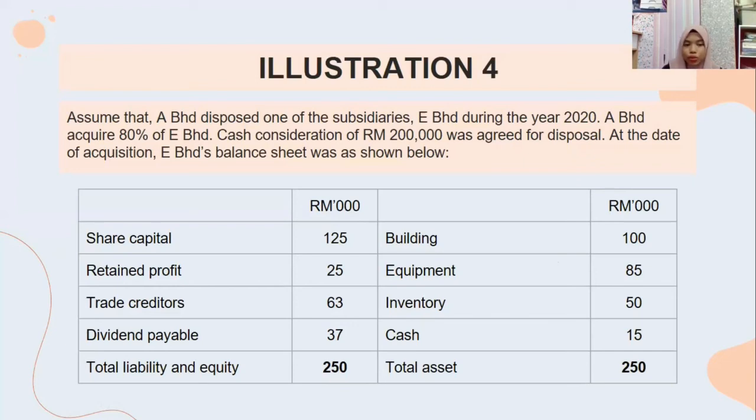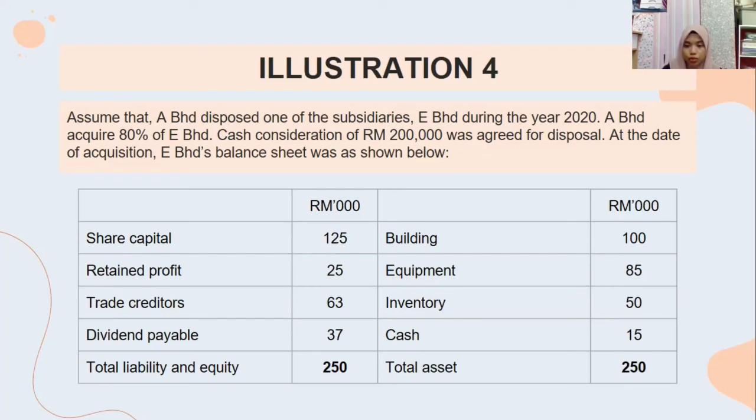Share capital 125,000, retained profit 25,000, trade creditors 63,000, dividend payable 37,000. So the total liability and equity is 250,000. For the total asset side: goodwill 100,000, equipment 85,000, inventory 50,000, and cash 15,000.